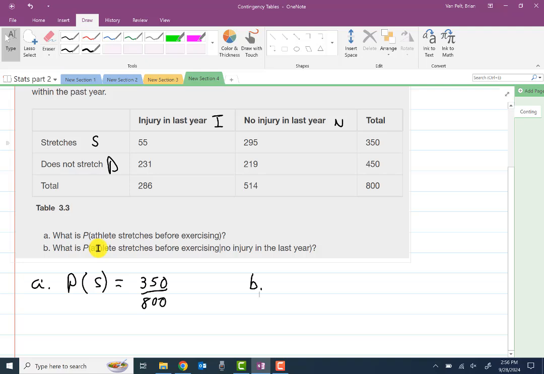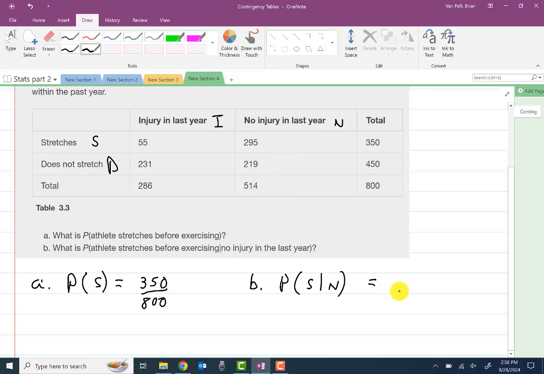Next, what is the probability the athlete stretches given that no injury in the last year? Here, using my notation, this is what they are giving us to do. I have the probability that the athlete stretches, so it's S, given no injury, N. The way you work these conditional probabilities is you go to the N column, total is 514.